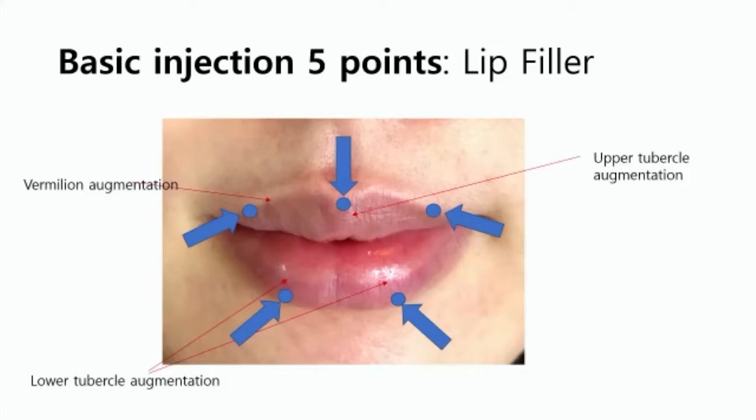In the upper part, the three points: the lateral points are for vermilion augmentation, and the center point is for augmentation of the upper lip tubercle. The two lower points are for augmentation of the lower tubercles. So a total of five injection points is the basic pattern, and then you adapt it depending on each patient's lip shape or volume.